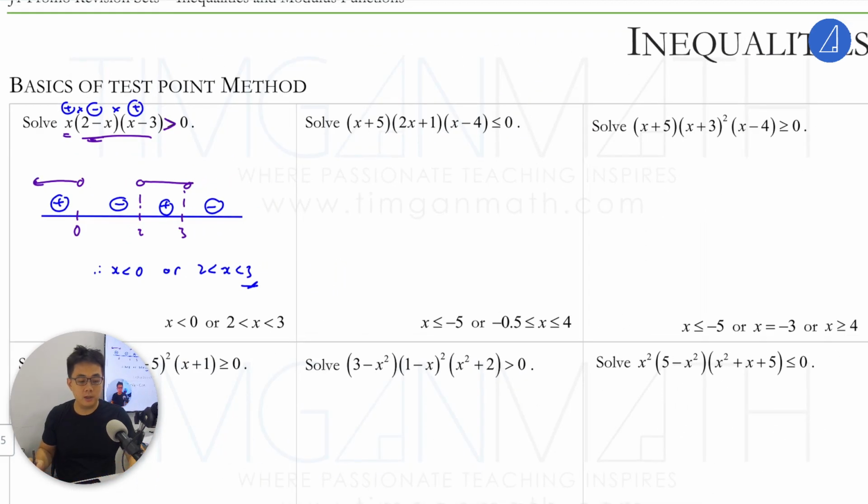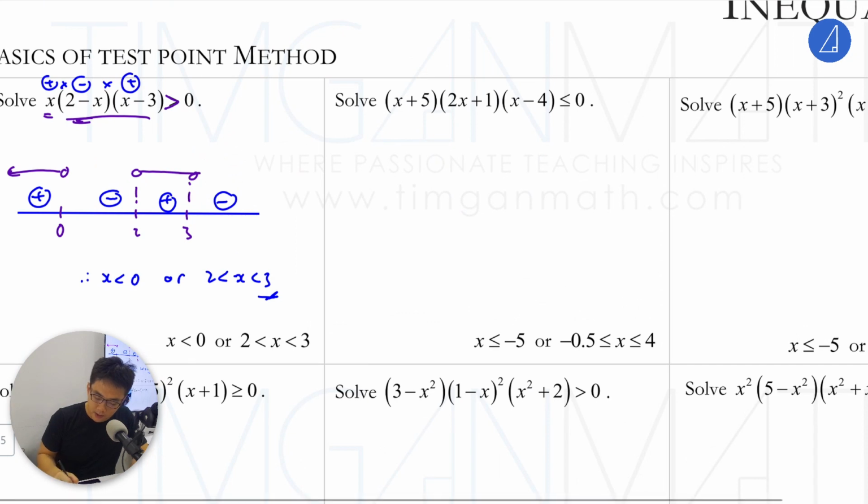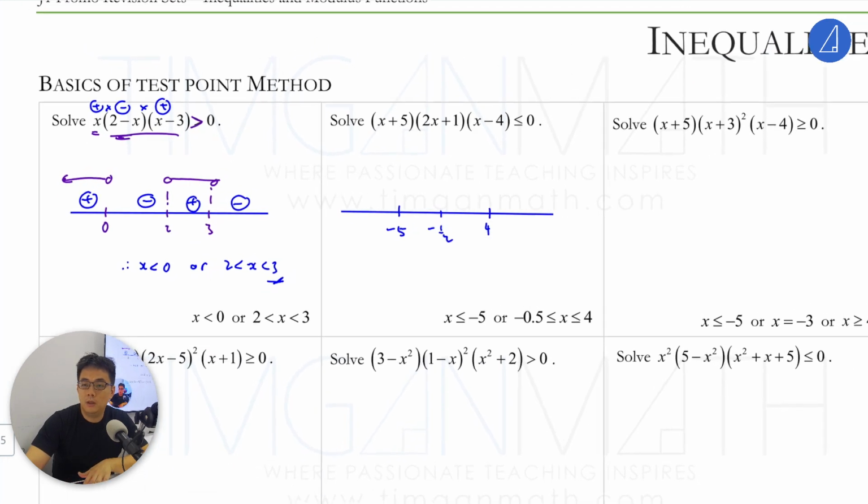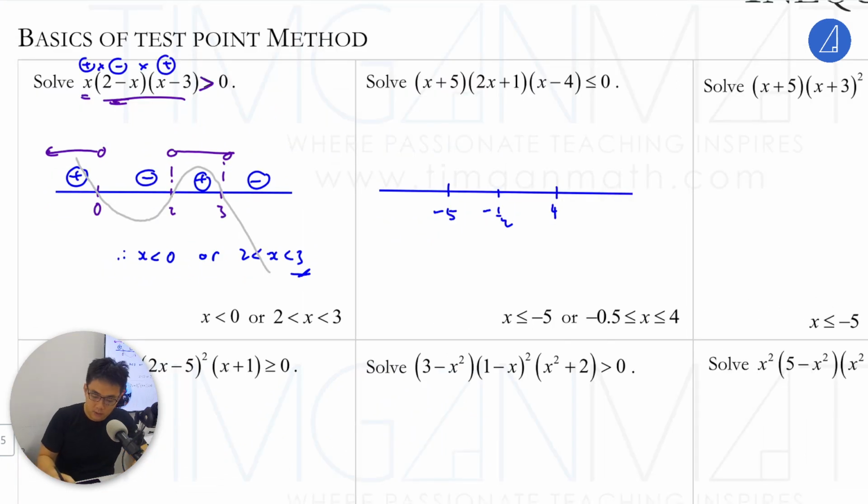Yeah, okay, students online. One here will be 4, minus 5, minus half. Put a super huge value. So this one will be positive when x is super huge.